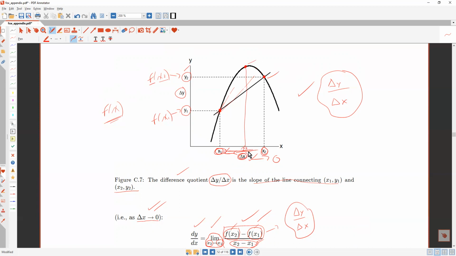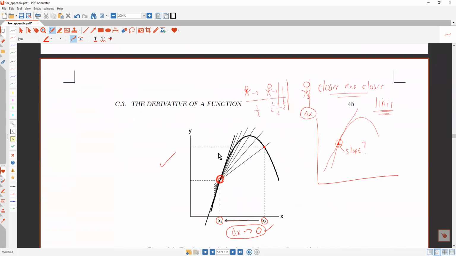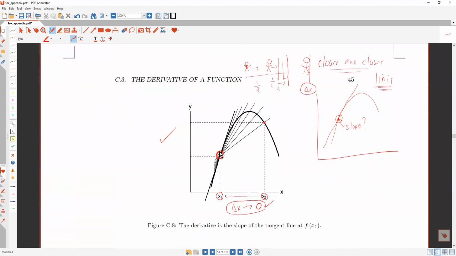That's not enough. We want it to keep going towards x1, right? We want it to go all the way to x1 until it's right there, right? That's what all these points are about here. All these lines, notice the closer and closer and closer idea, right? That's what we want.